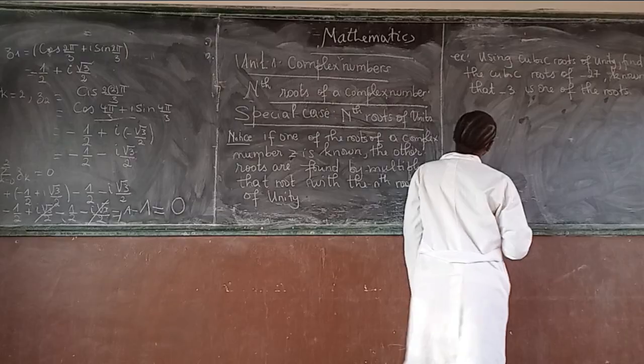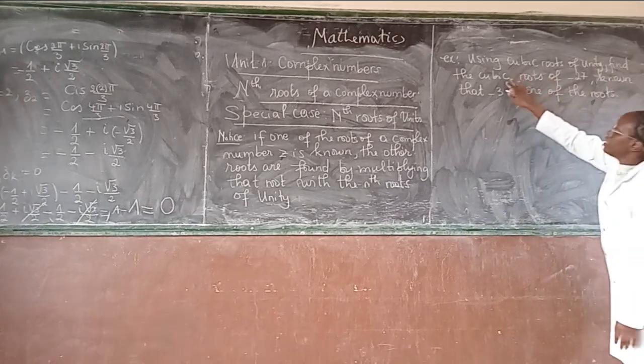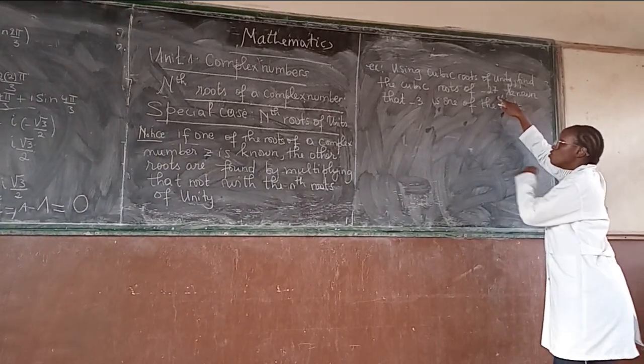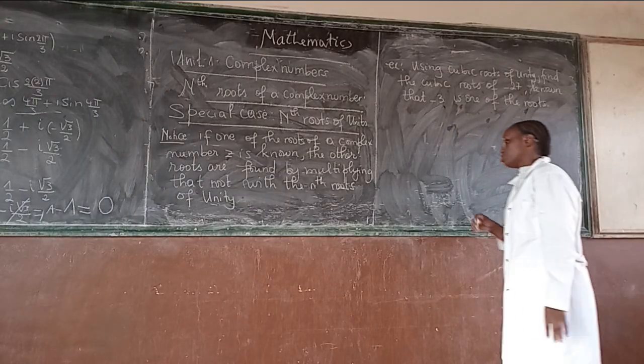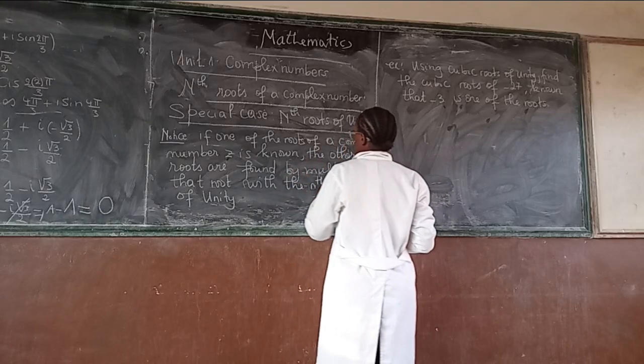As an example, using the cubic roots of unity, find the cubic roots of negative 27, knowing that negative 3 is one of the roots. So how are we going to proceed? We multiply the roots.